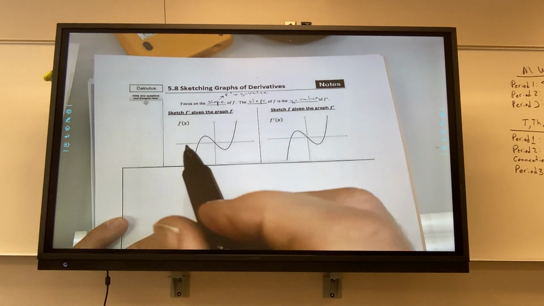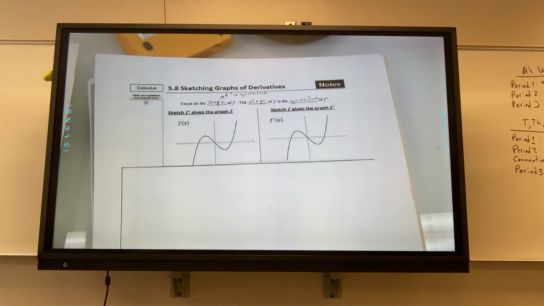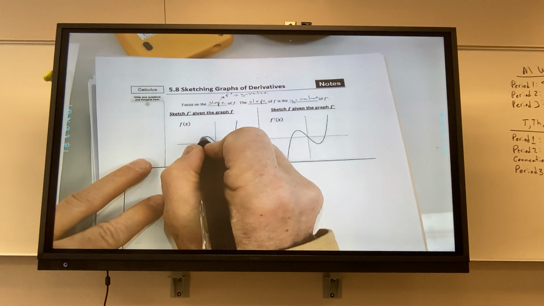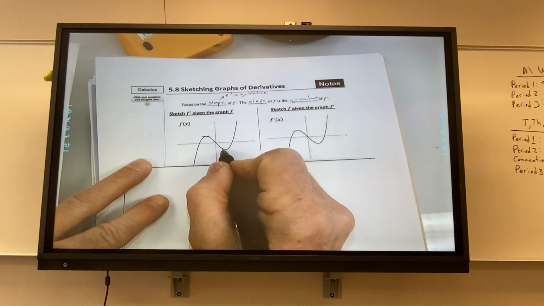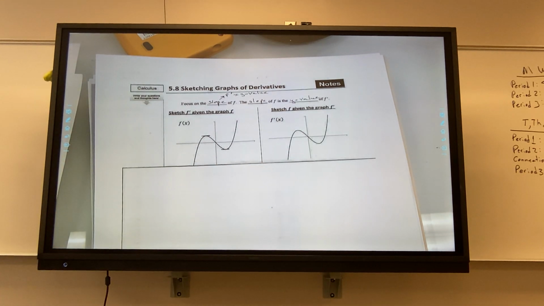When I do that, and I'm going to change colors, I think. Yeah. When I do that, you'll see me make some type of notation here. Either I put a dot there, or I put a little tangent line. That's where the derivative is what? 0.